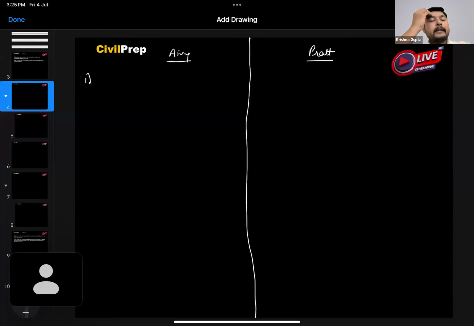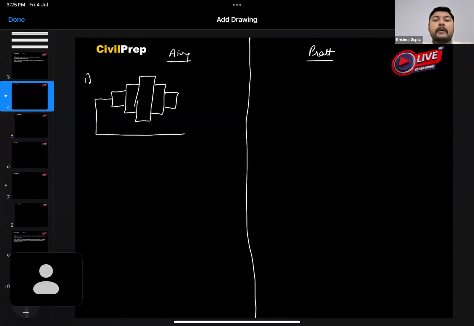Let's look at Airy's concept first, what he said. Airy said that if I take certain wooden blocks having uniform density, they will be floating over the water.